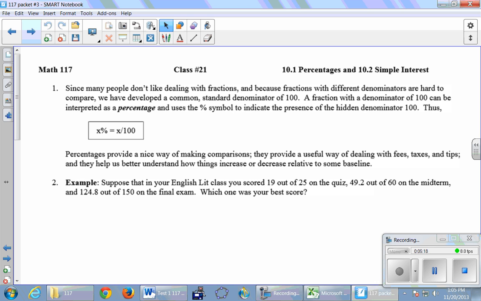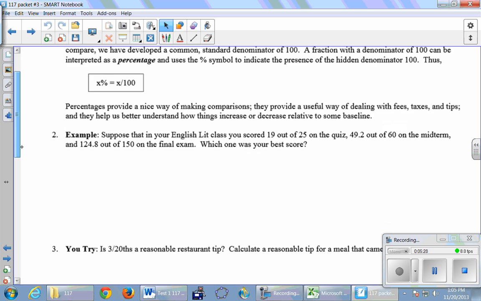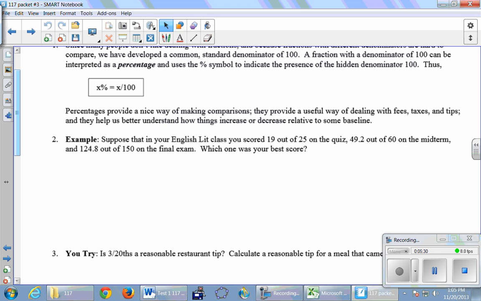All right, let's start with number 1. Jeremy. Okay, so there in the box is our basic formula for the definition of a percent.